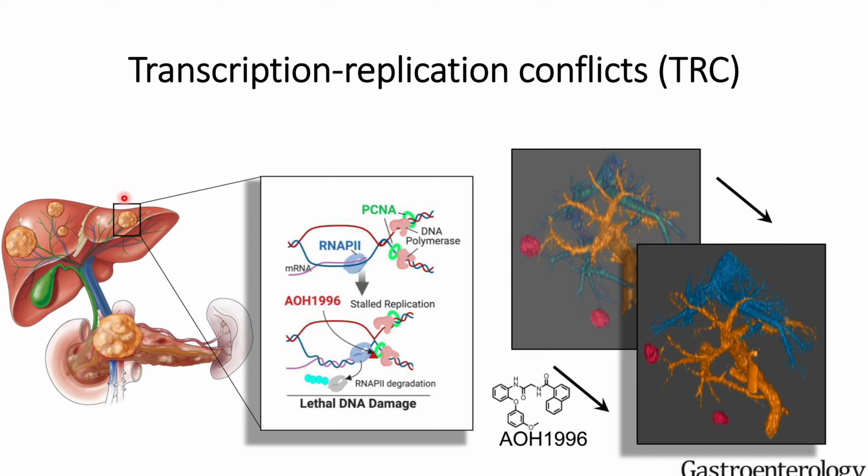This is a graphical representation where tumors within the pancreas can be targeted using this TRC, in a way that TRC will be selectively upregulated in the tumor cells but not in the healthy cells, and that will result in this kind of outcome where the tumor size is shown to be decreased.